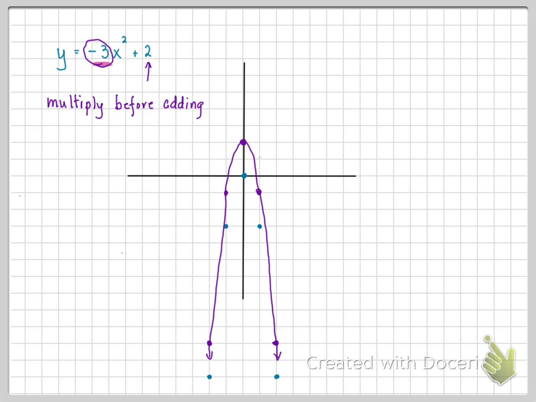Okay? So do your vertical stretch or shrink, then move up or down. Always. Okay. Very good. Simple stuff. Great start.